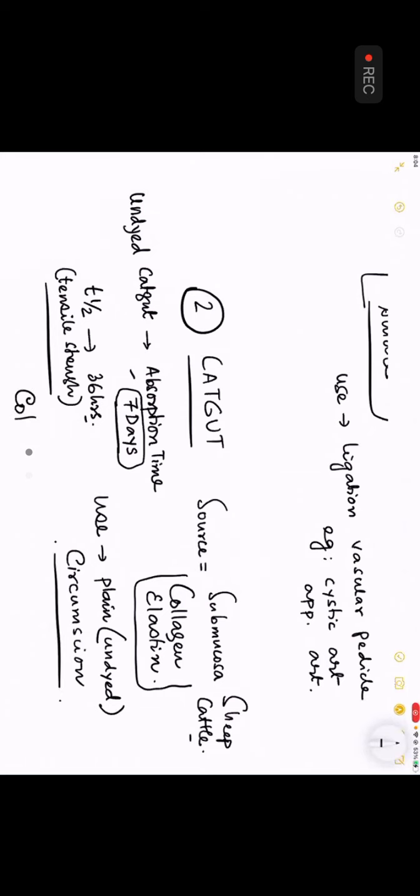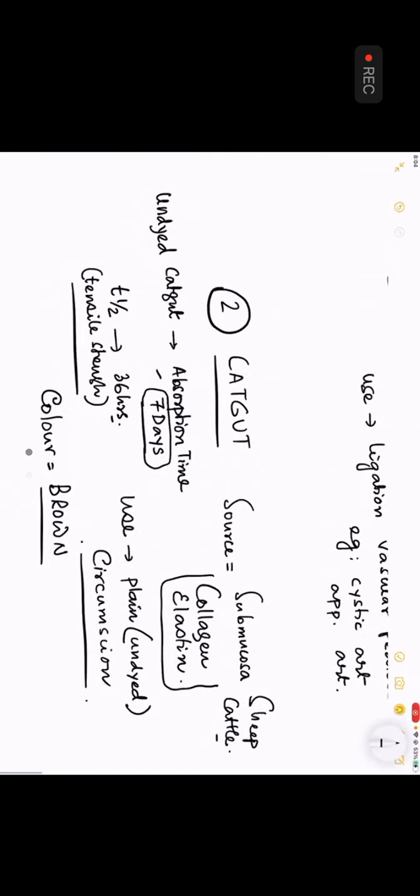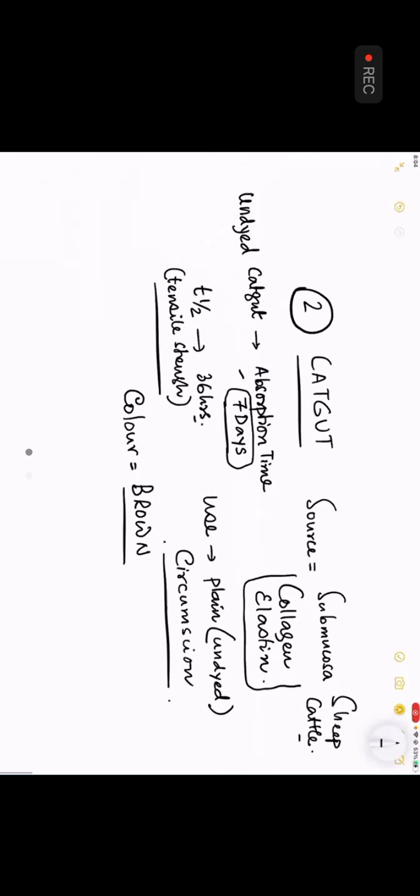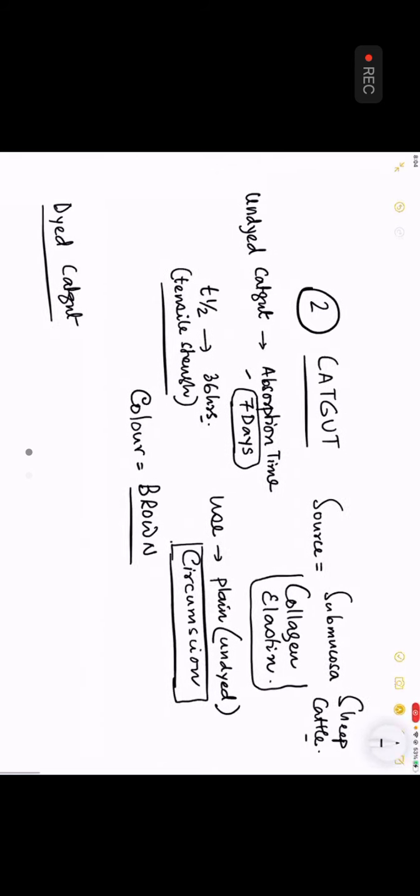The color of a catgut suture is brown. We'll see pictures. The use is in circumcision, because in circumcision you are not going to take out the sutures. That is not a very intelligent idea.